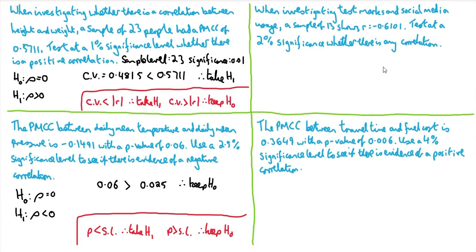Test at a 2% significance whether there is any correlation. And then the PMCC between travel time and fuel cost is 0.3649 with a p-value of 0.006. Use a 4% significance level to see if there's evidence of a positive correlation.